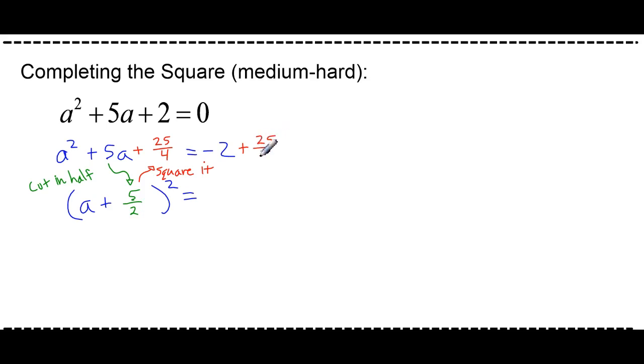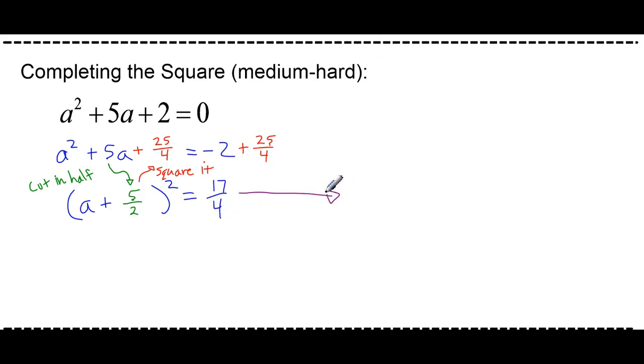So you thought you weren't going to get fractions in this case, and you were so wrong. There's totally fractions in this case. Really messy fractions. And then on this side, you've got to get a common denominator and combine those together. And let's see, 4, so it'll be -8/4, and 25, you're going to get 17/4.